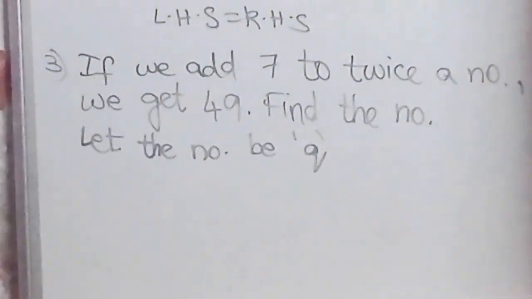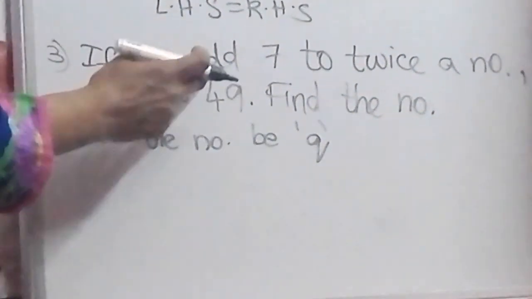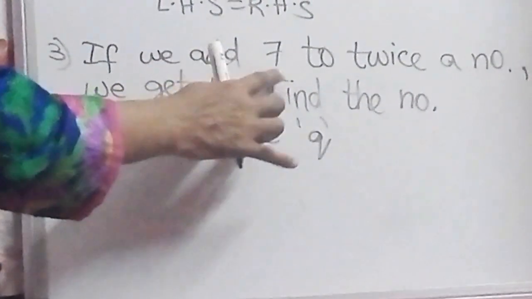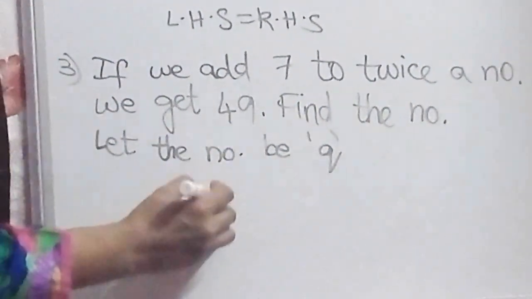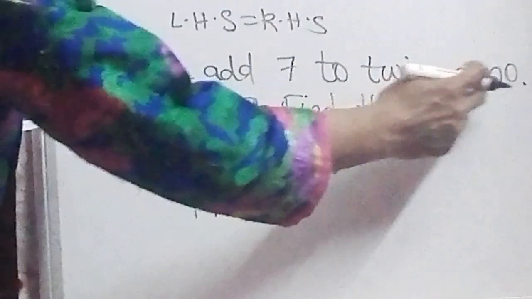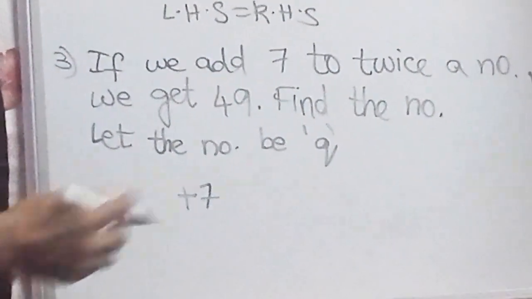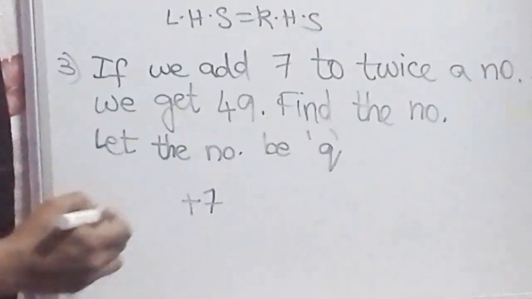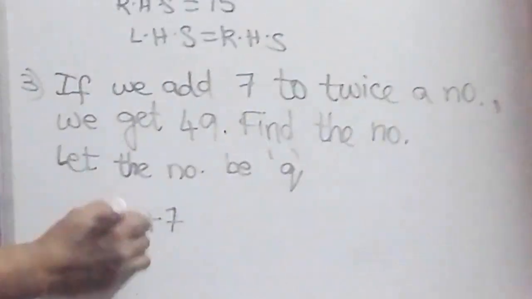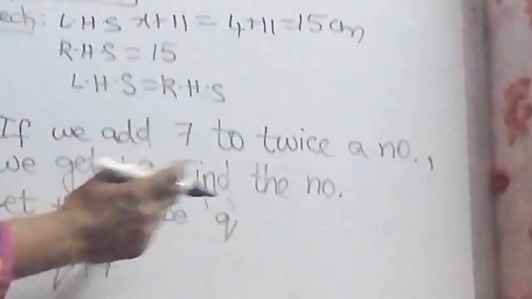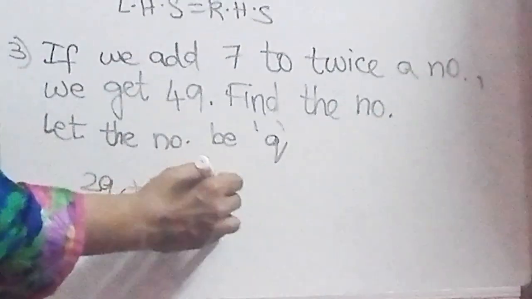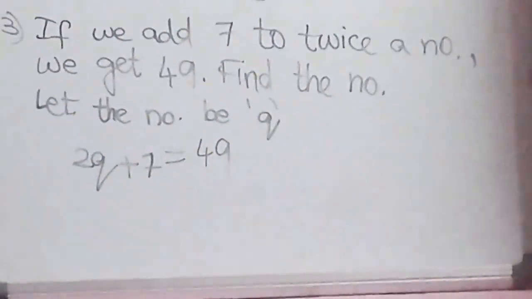Let the number be Q. So now next relationship we should find out. Add 7. We should add 7. Twice a number. What is twice of this number? Twice of that number is 2Q. We get 49. So this is equal to 49.